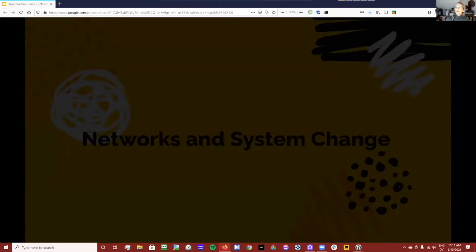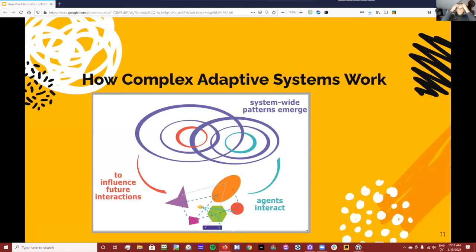So, how is everything I just said relevant for networks and for social system mapping? This comes from Human Systems Dynamics, Glenda Eoyang, which I'm finding to be a more and more useful set of tools for understanding complex adaptive systems. This is basically how a complex adaptive system works.